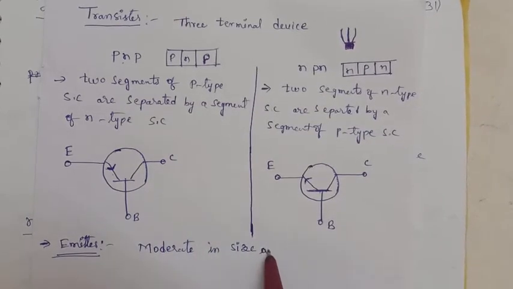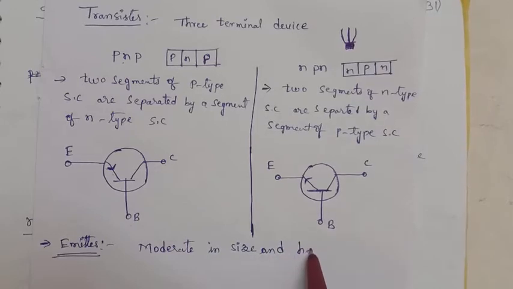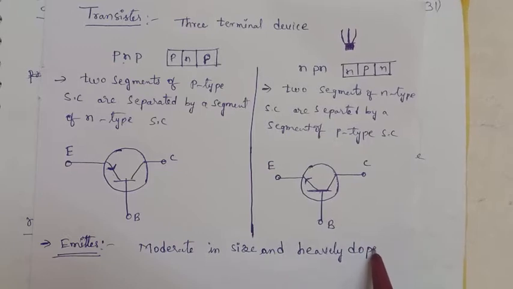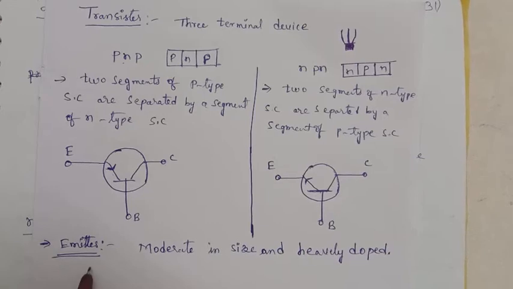It is heavily doped. It supplies a large number of majority carriers for the current flow through the transistor.